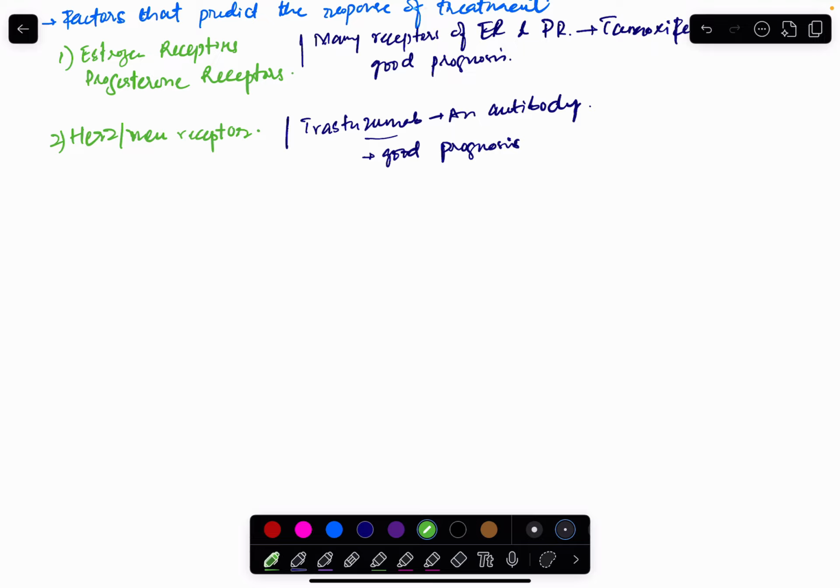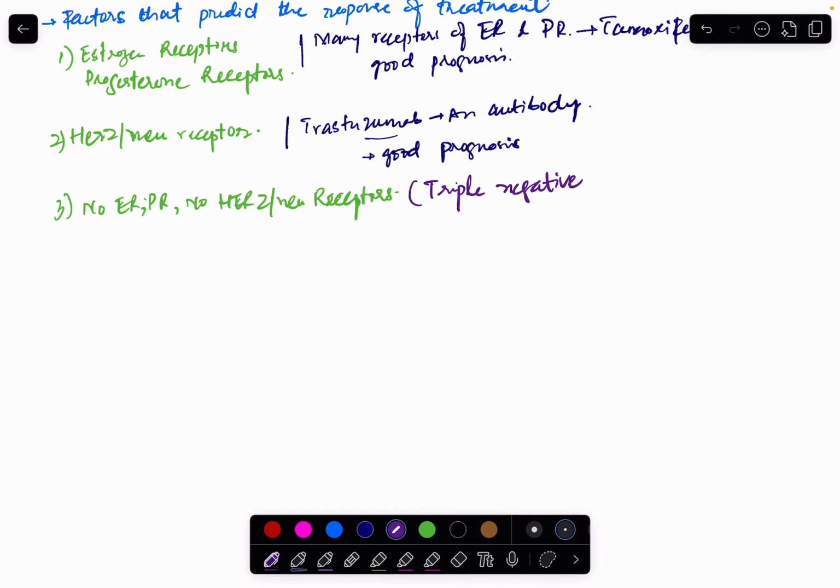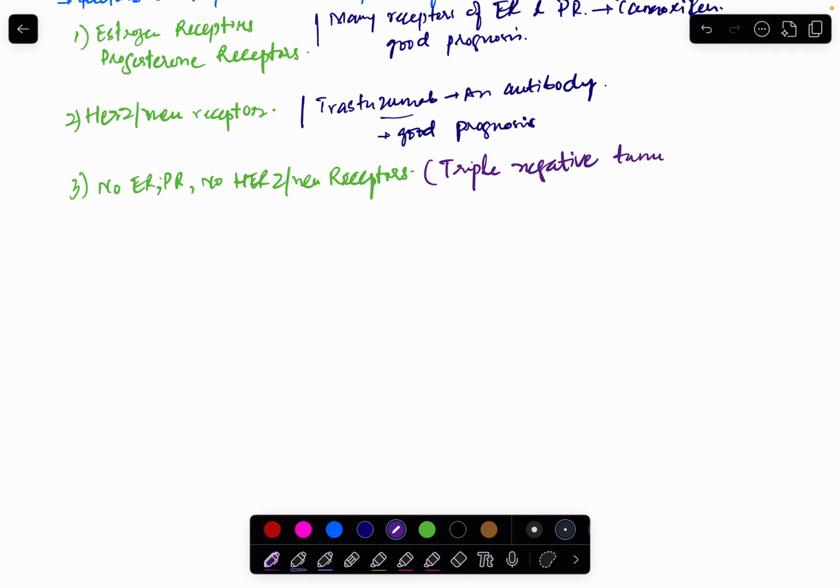But if there are no estrogen receptors and no HER2/neu receptors, which means triple negative tumors, meaning no estrogen receptors, no progesterone receptors, and no HER2/neu receptors, then these patients cannot be treated with tamoxifen, which was for estrogen receptors, and trastuzumab, which was an antibody for HER2/neu receptors.